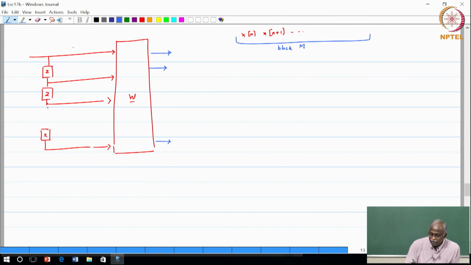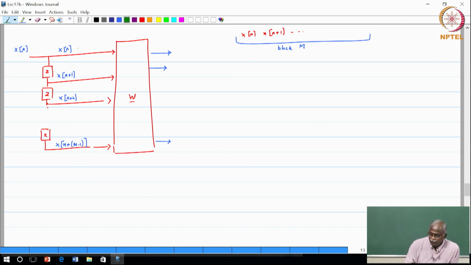Now, like before, let us quickly label them. On the upper branch you have x of n, this will be x of n plus 1, this is x of n plus 2, and so on, and this is x of n plus m minus 1, the last branch that is feeding in.